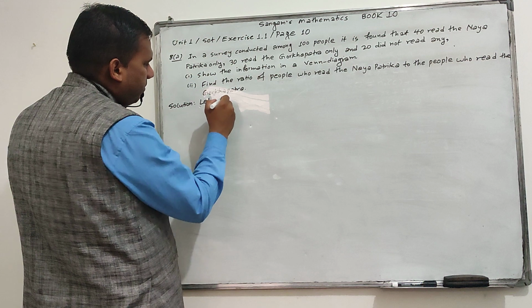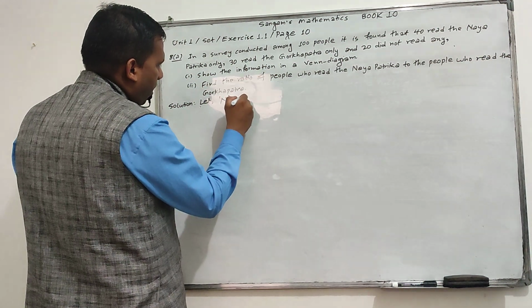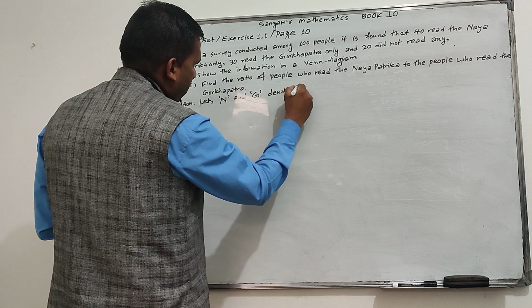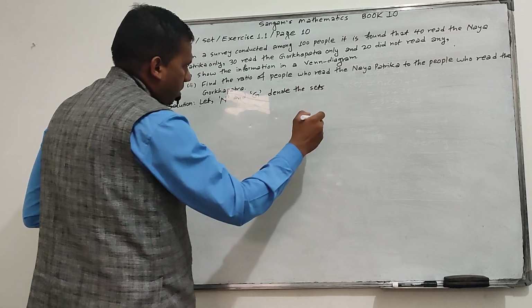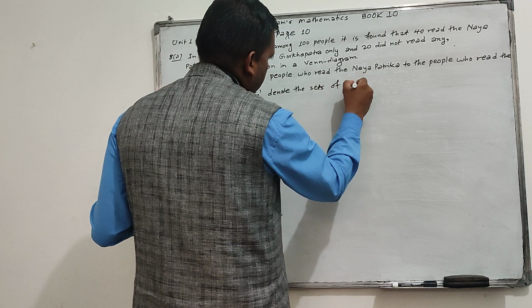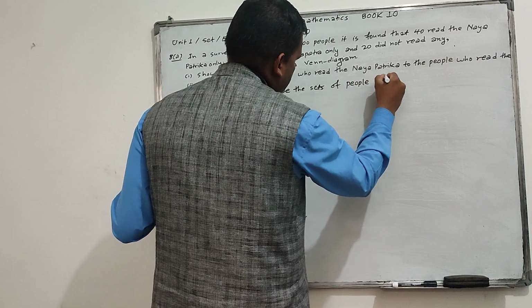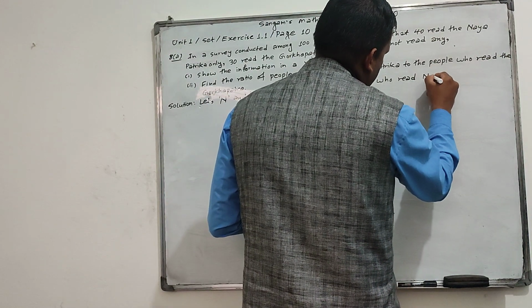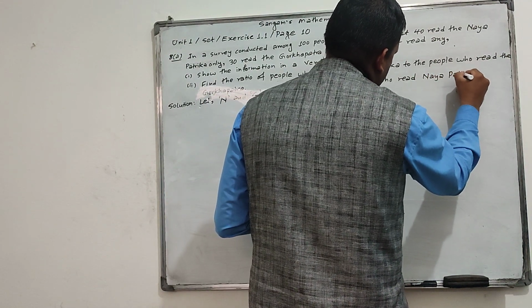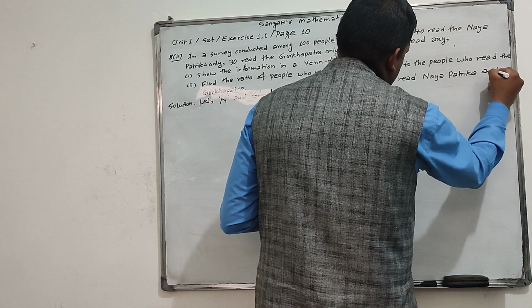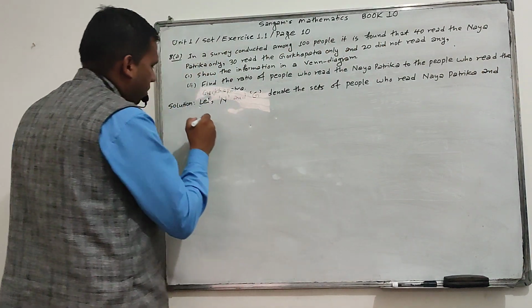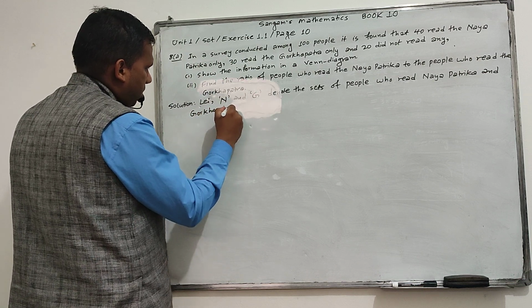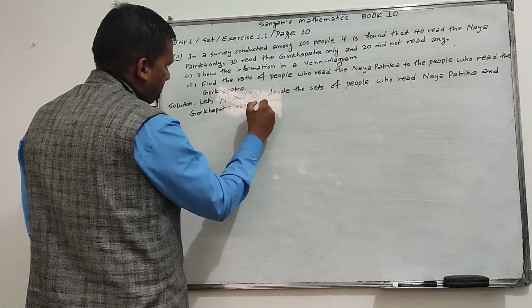Let N and G denote the sets of people who read Naya Patrika and Gorkhapatra respectively.